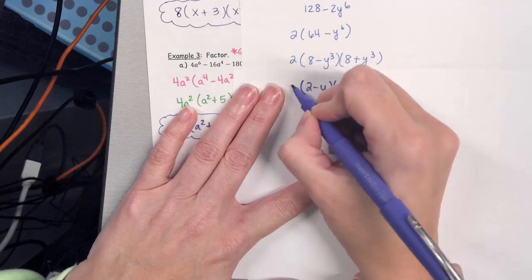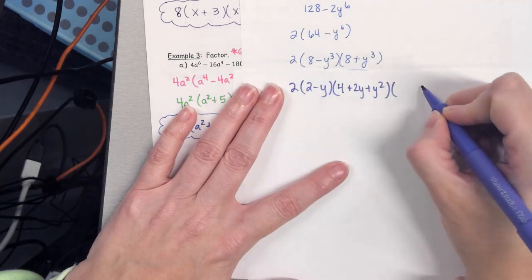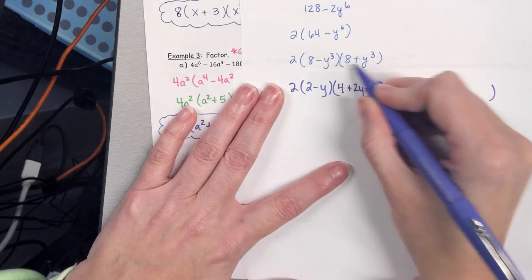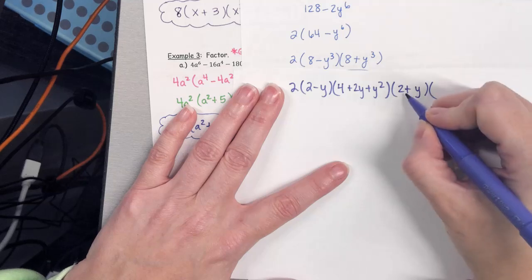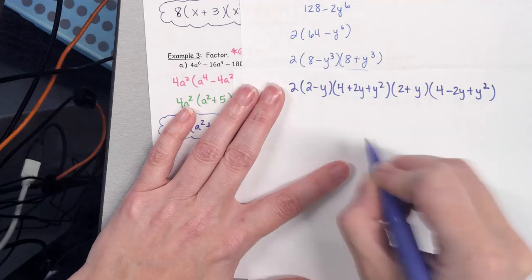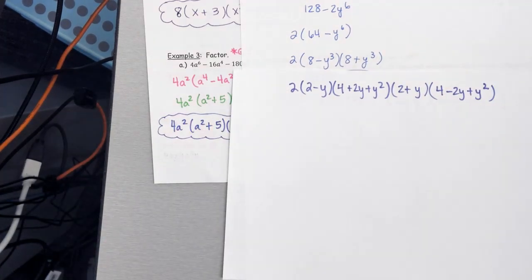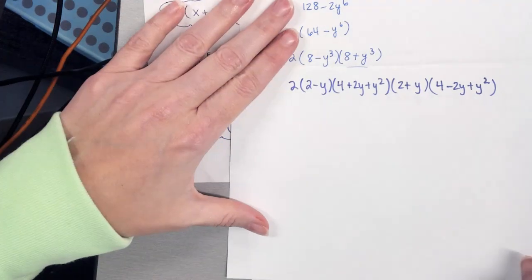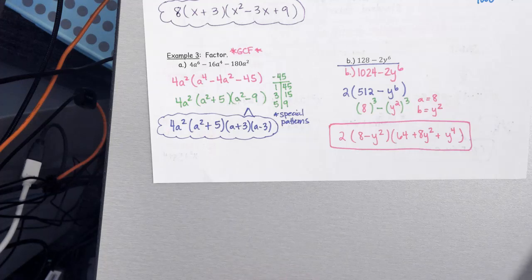This 2 that's here would still live in front, and then this we would have to break down as well. And if we broke that down, you'd have 2 plus y. I know, it's not that bad when you break it down, but that is a lot to see, right? Yeah, so you're not incapable of doing it. I just thought it was a lot for this, okay?